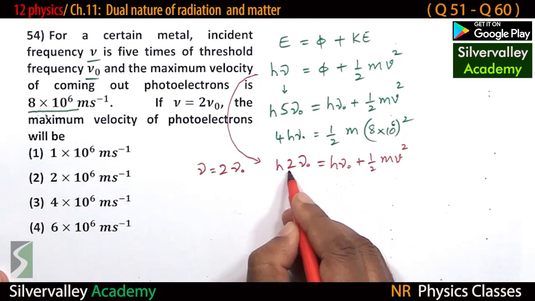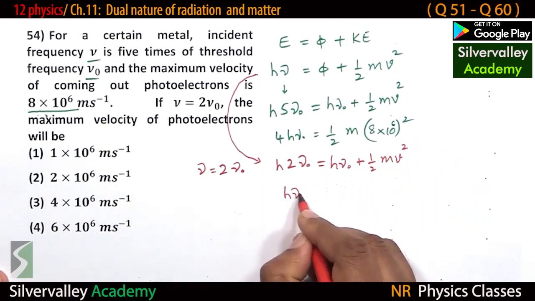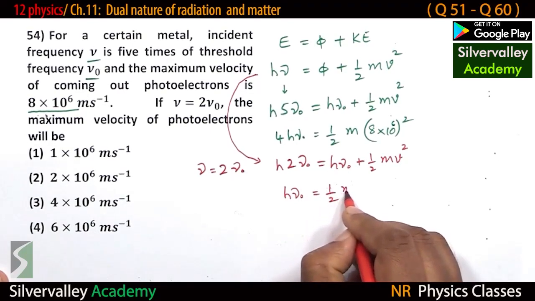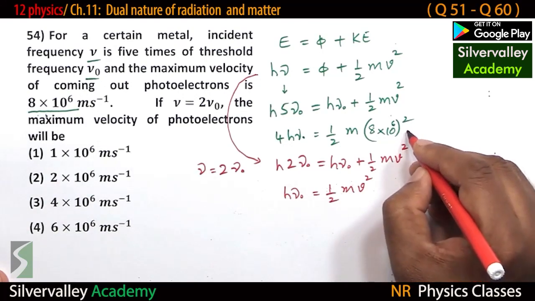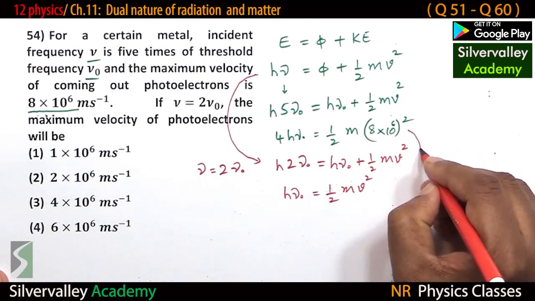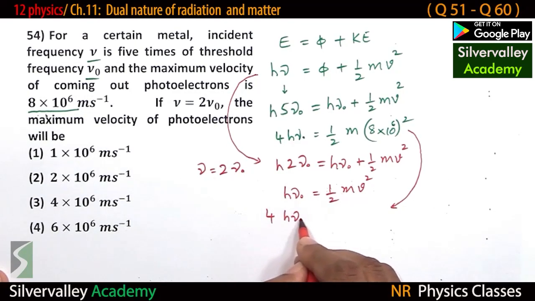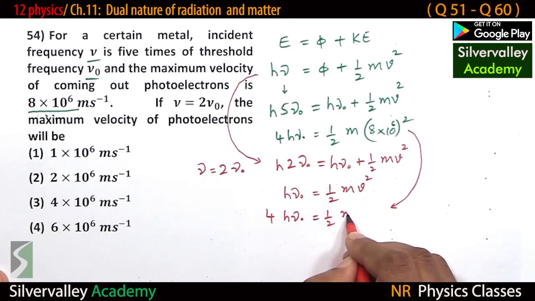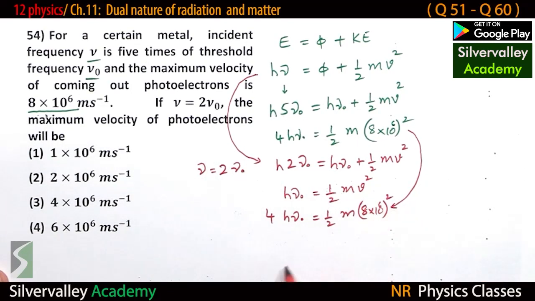So this gives 2 minus 1, take this to this side, h nu naught equal to half m v square. Now this is equation 1, right? Bring it here. 4 h nu naught equal to half m times 8 times 10 power 6 square.